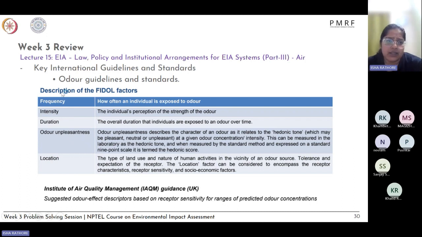O is odor unpleasantness, that is how unpleasant the odor is, and you can have different types of measurements mentioned. And L is location, the type of location at which that odor is coming, so what type of land use there is, and what type of activities are being performed in the vicinity of that area.